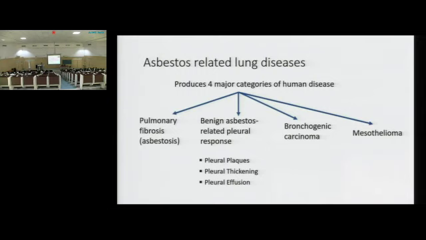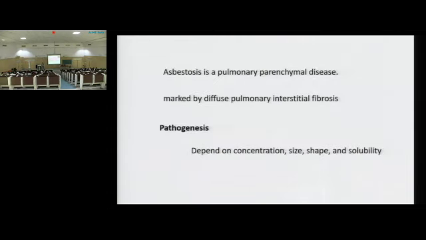In the non-malignant part, these patients will have asbestosis, which is due to pulmonary fibrosis, and benign asbestos-related pleural injuries or pleural responses that can vary from pleural nodules to plaques to effusion.